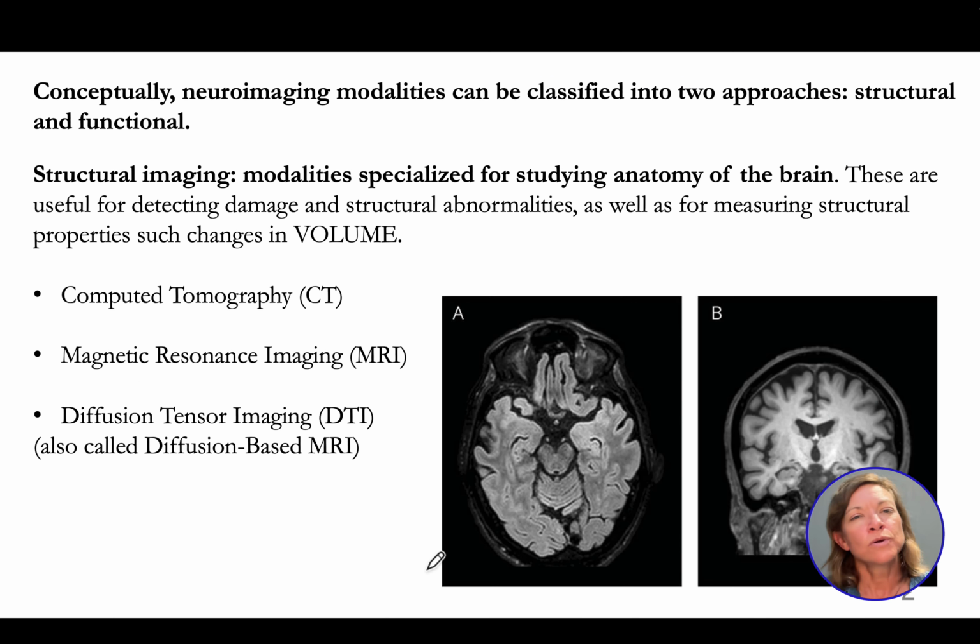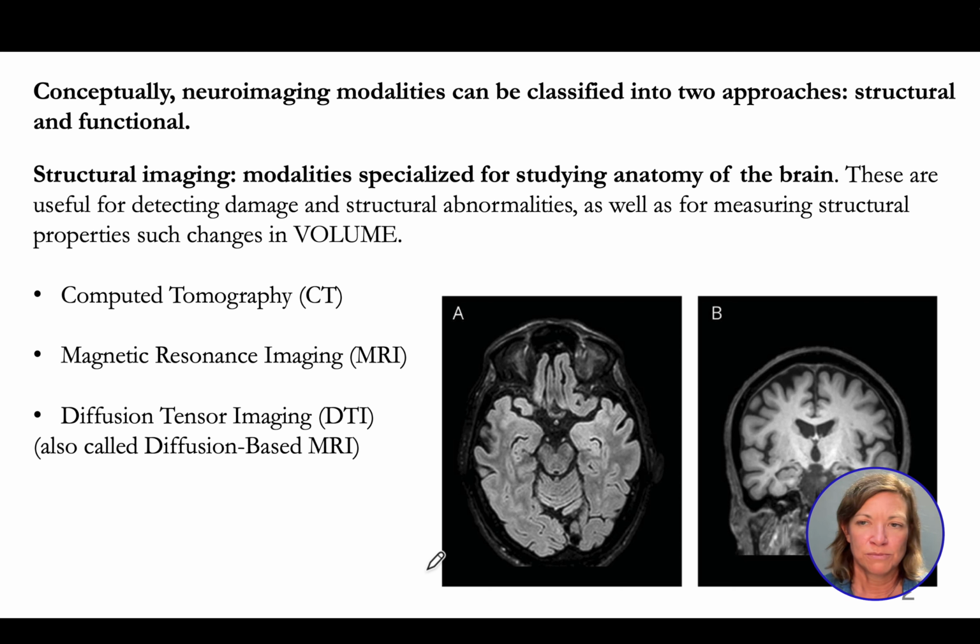So conceptually, neuroimaging modalities can be classified into two big categories: structural imaging and functional imaging. Structural imaging, as the name implies, is specialized for studying brain structure. So it's useful for detecting structural damage and abnormalities, as well as for measuring structural parameters like changes in brain volume.